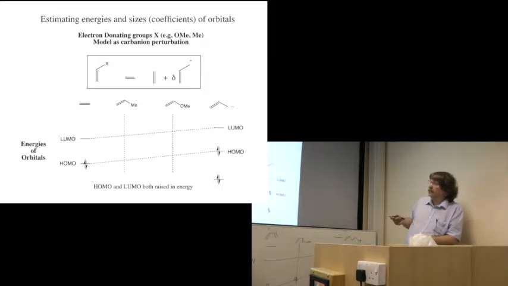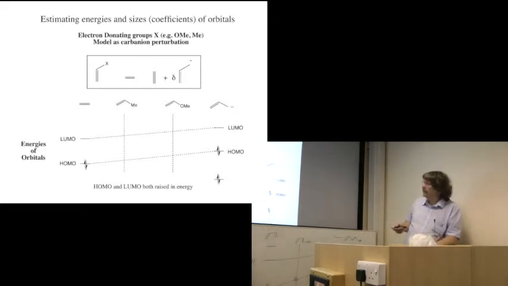So again, when you look at the prediction for the energies, here's your allyl anion, here's your ethylene, so the energies have to go up. That tells you that both propene and the methoxy, methyl vinyl ether, are both going to be more electron rich, have higher energy orbitals than ethylene.